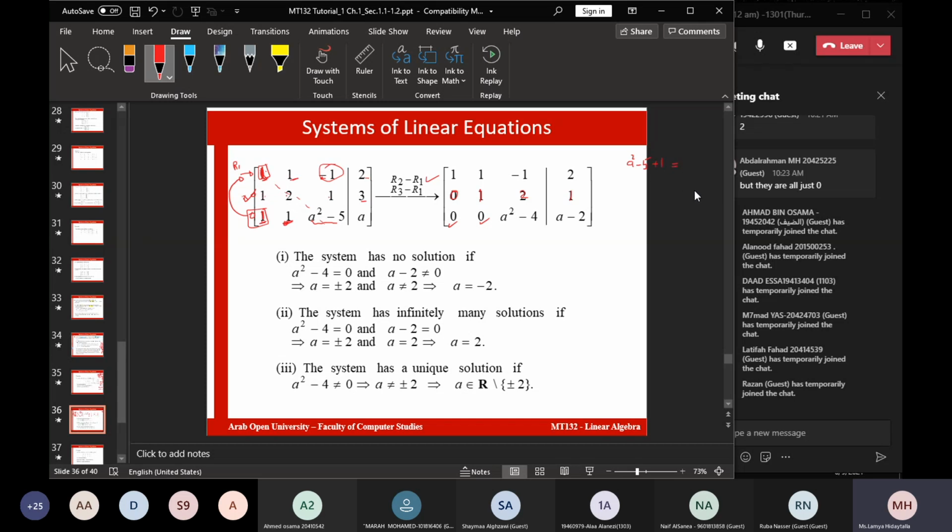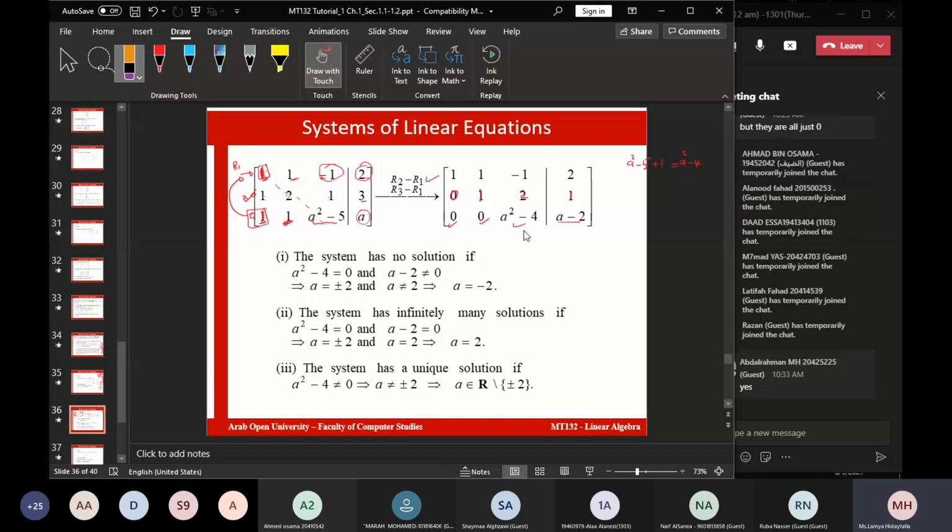So this equals minus 5 plus 1, which is minus 4. So you subtract the like terms. a square minus 4. And then a minus 2. Clear how we subtract, how we did the things? Nothing new. I deal with the a as usual, in the equations, this minus this. Okay, so we reach the upper triangular form.